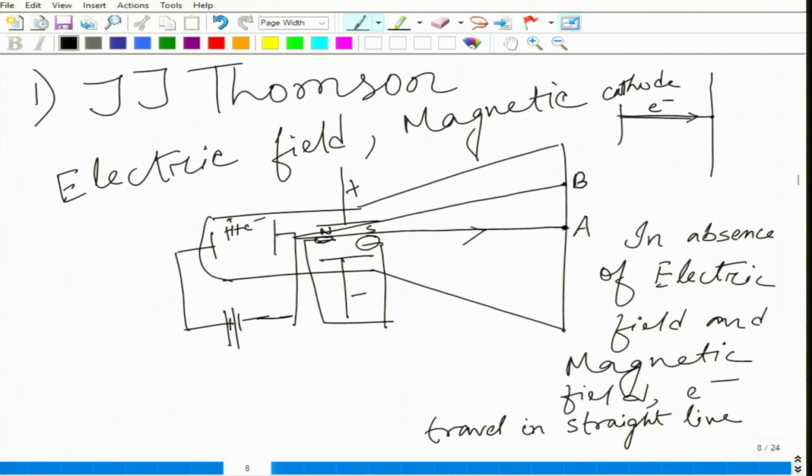We can call it B. Now if only the magnetic field is present, it will come in the opposite direction and hit the point C. In this experiment, the electric field and magnetic field were adjusted in such a way that the electric force Fe and the magnetic force Fm were equal.